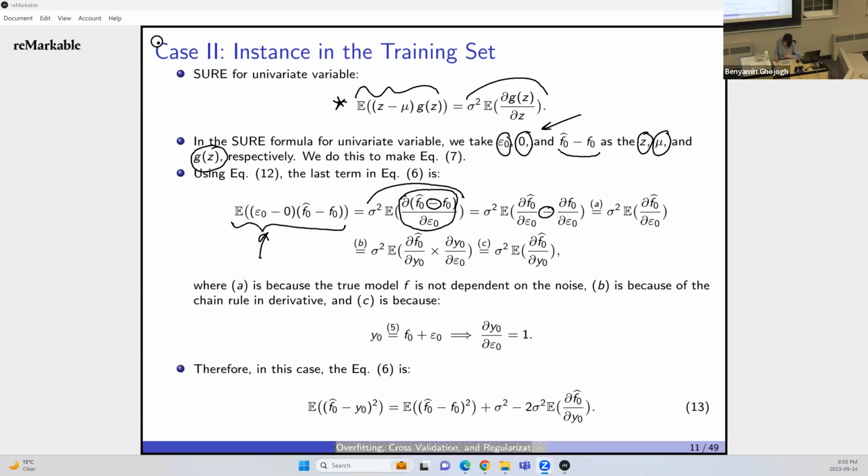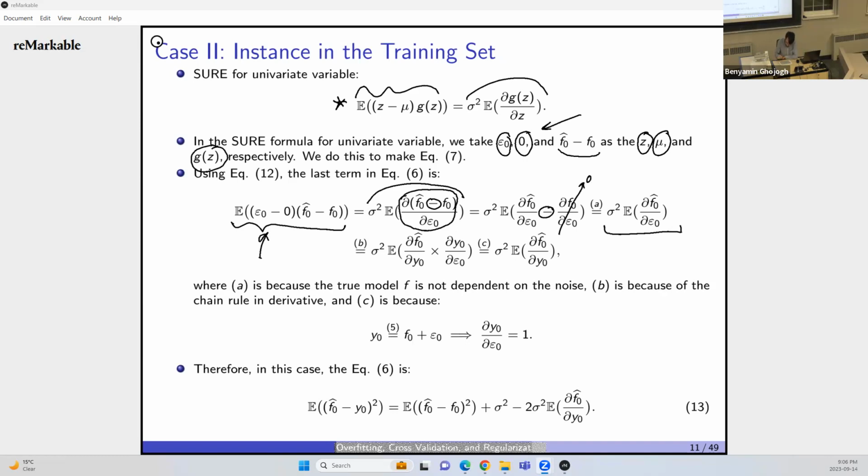Now what is derivative of f0 with respect to epsilon 0? Can you tell me? Derivative of a with respect to b means if we change b, how much does it impact a? F0 never changes. It's the true model. It doesn't care about the noise that we had, right? So it's 0. Therefore, it simplifies to this.